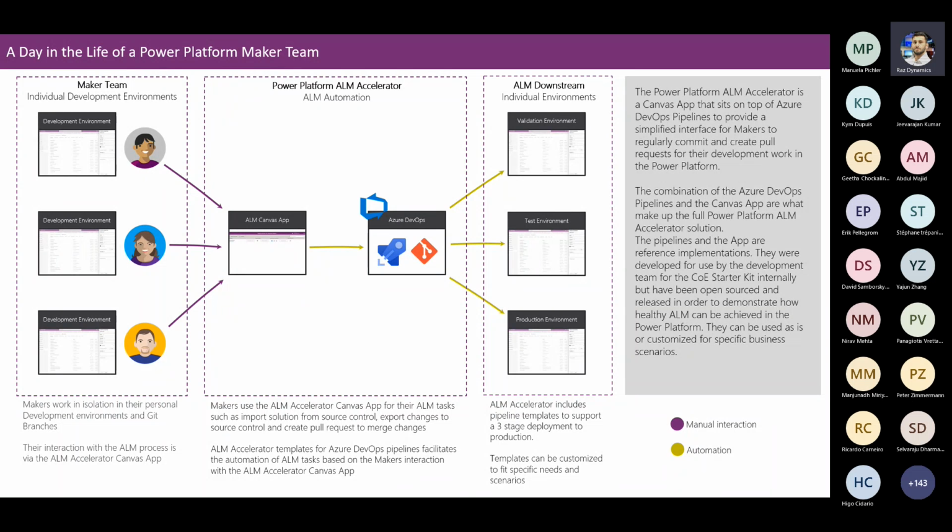All right, so as Manuela mentioned, the ALM Accelerator was born out of a requirement that the COE Starter Kit had to be able to ship faster, to do those monthly releases, and to practice good ALM, application lifecycle management, on top of the COE Starter Kit. It was initially developed to be an internal tool.